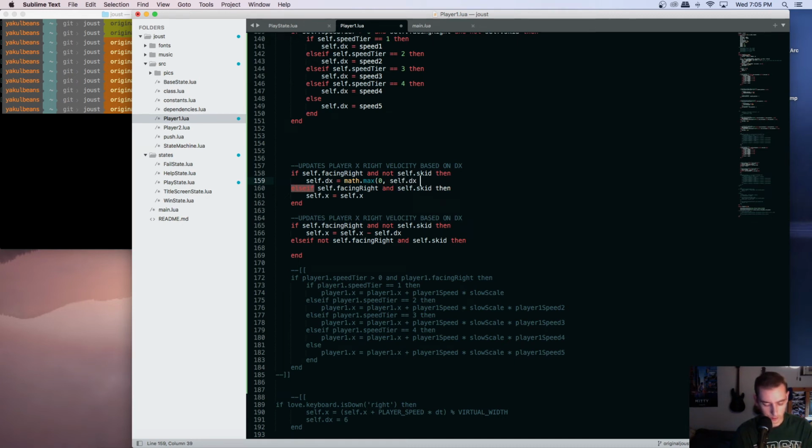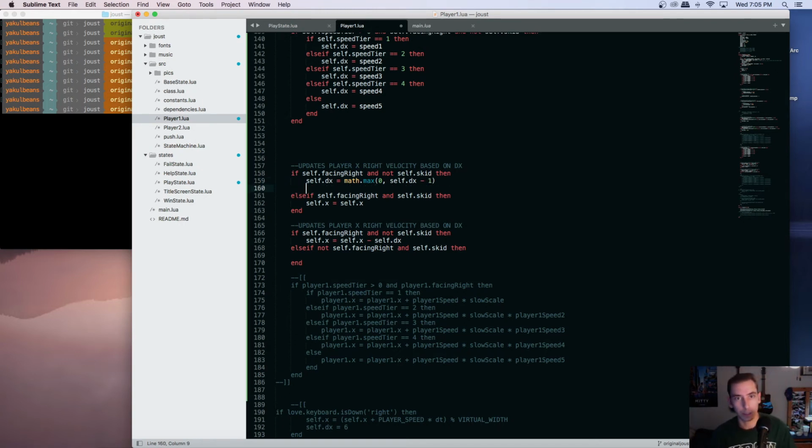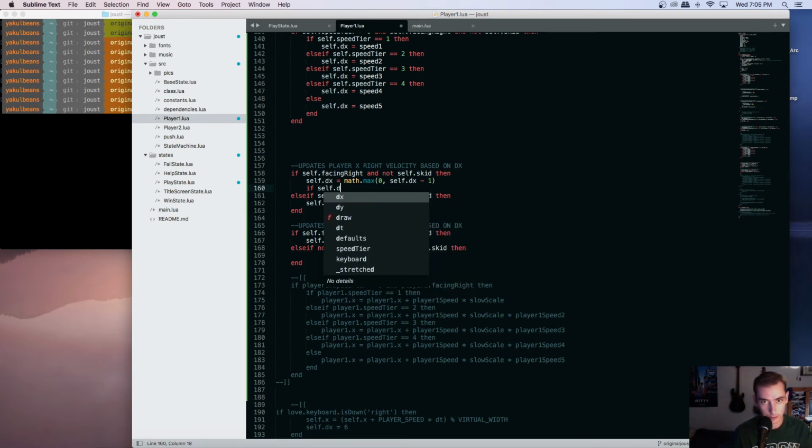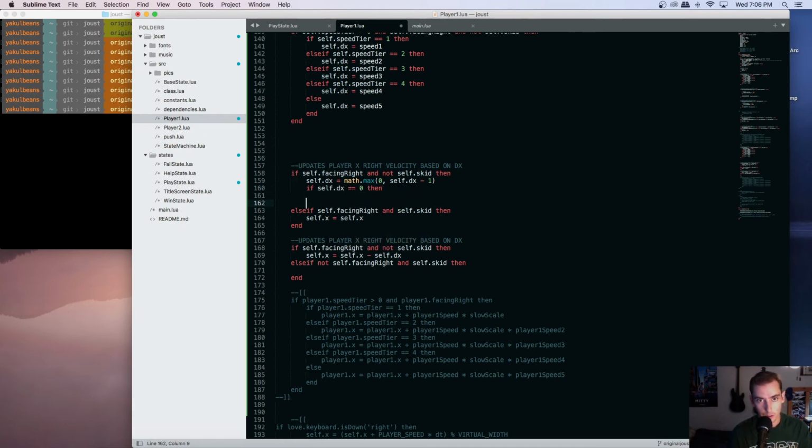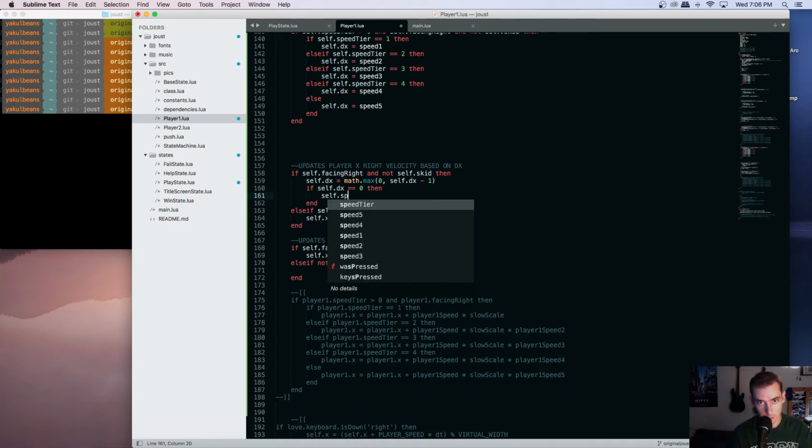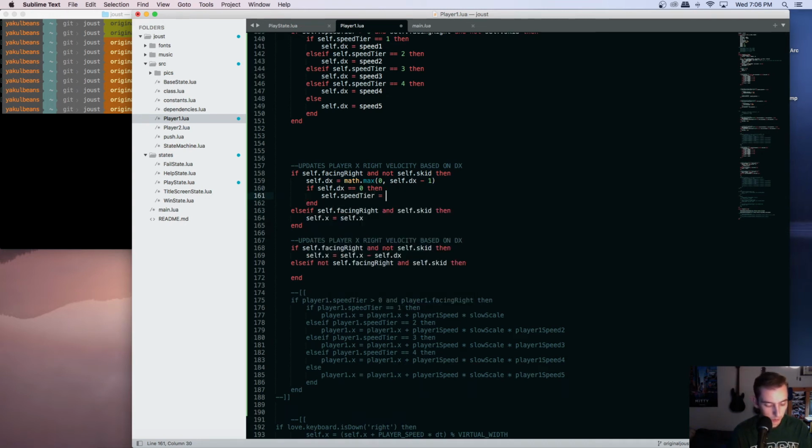Self dx minus, let's say, 1, I don't know. So we're going to say dx gets dx minus 1, unless it's a negative number, then it's 0. Then if self dx is equal to 0, then we need to do two things. We need to set its self speed tier equal to 0.